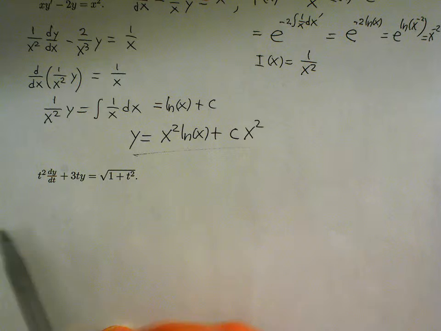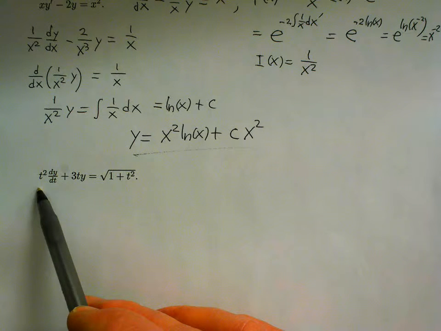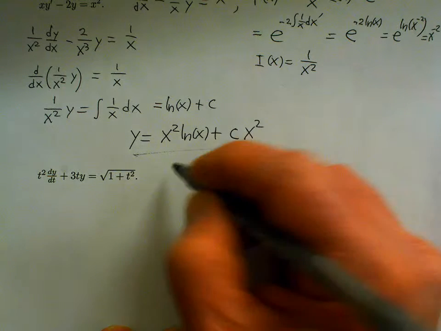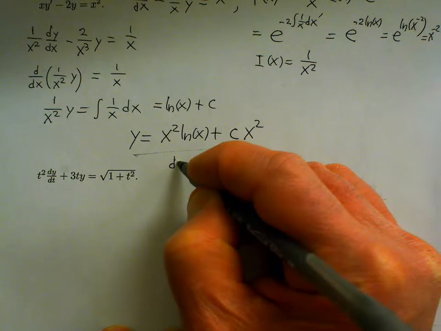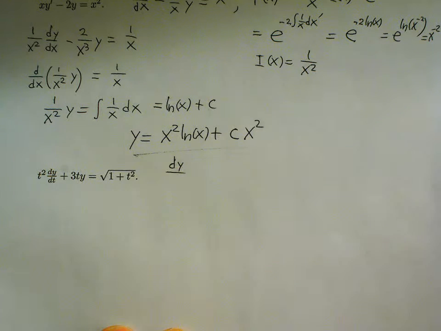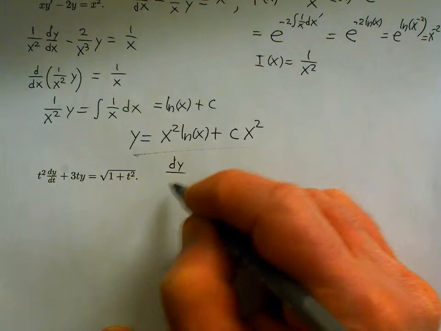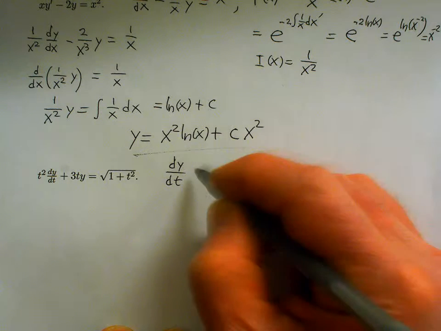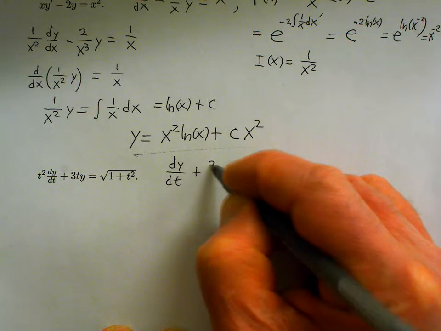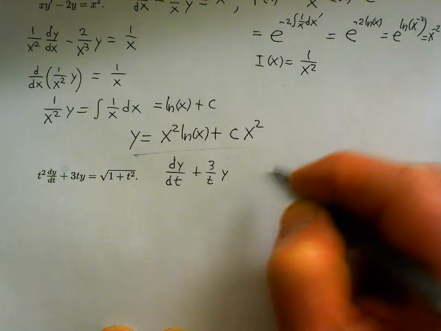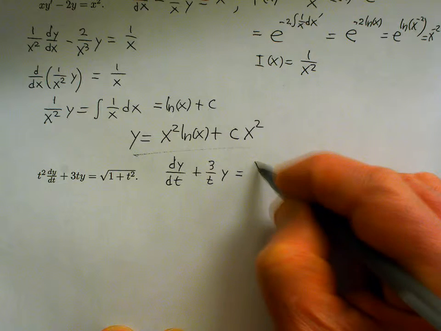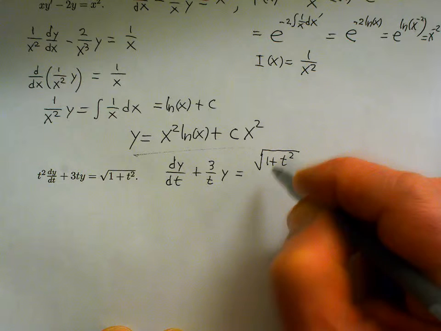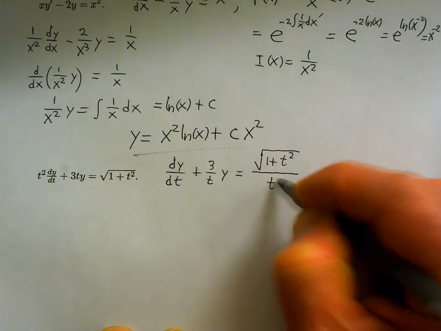Okay, so first we want to divide every term on both sides by t to the second. So we'll get the first order linear differential equation in its standard form, dy dt plus 3 over t times y equals the square root of 1 plus t to the second, all divided by t to the second.